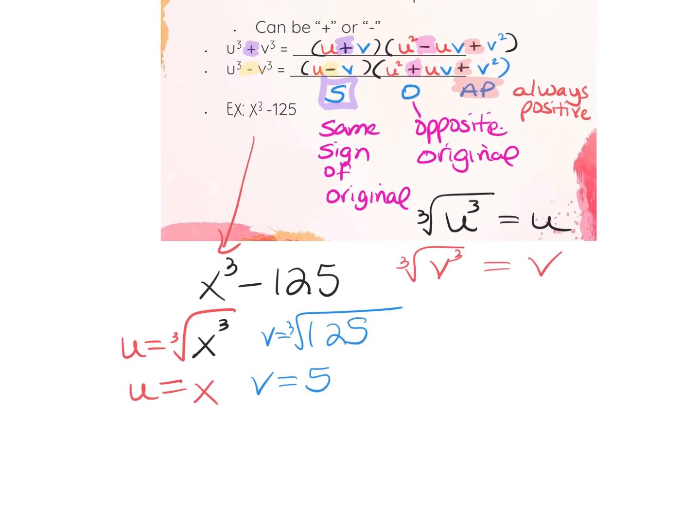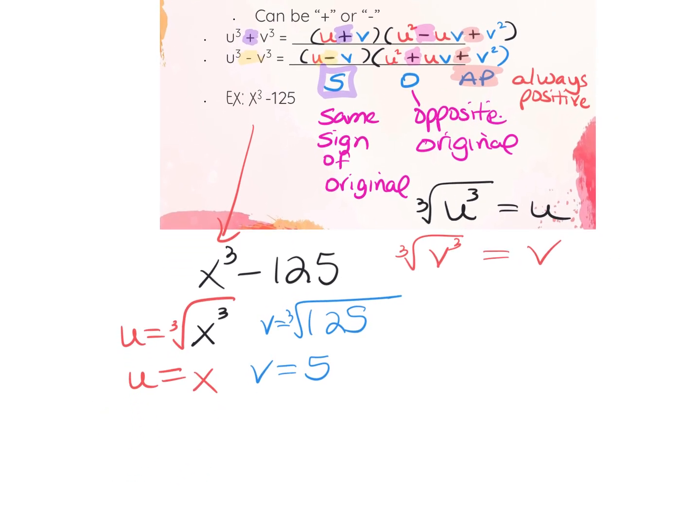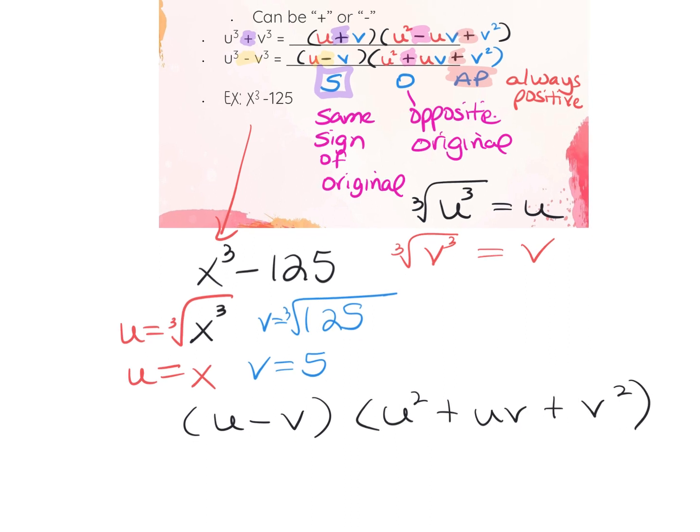And now I'm going to take my pattern. The original problem was the difference of two cubes. So the pattern I'm using is going to be u minus v, same sign as the original problem, square the u, opposite sign, multiply the u and the v, and then the last one always positive, square your v term. So let's fill it in.